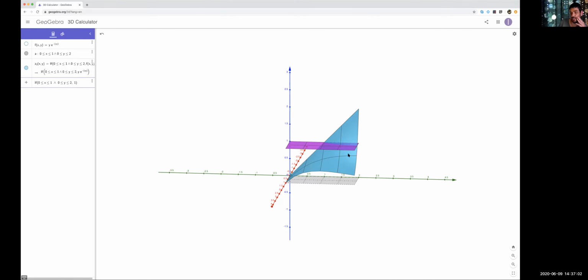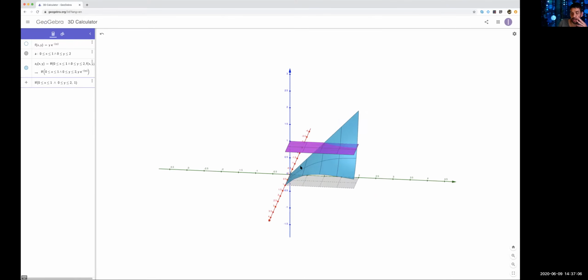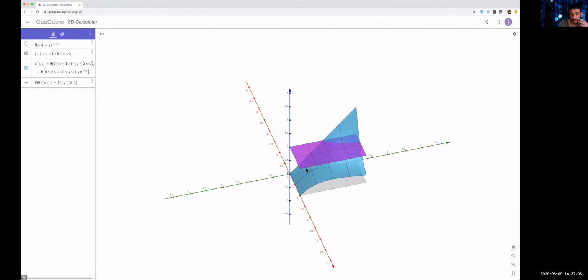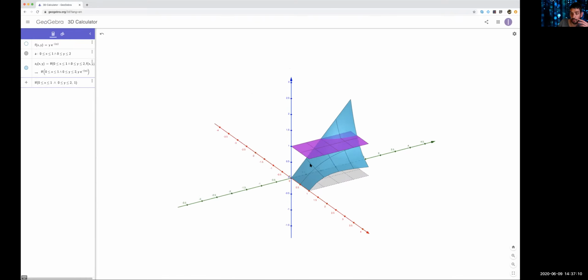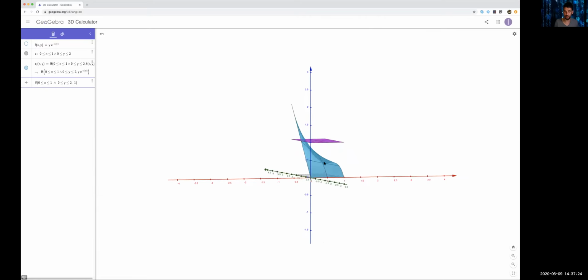This whole thing would have a volume under it of 2, because it would be a 1 by 2 by 1 box. Our volume was 1 plus e to the negative 2, or 1 plus 1 over e squared, which is like somewhere between a quarter and a ninth, so just barely bigger than 1.